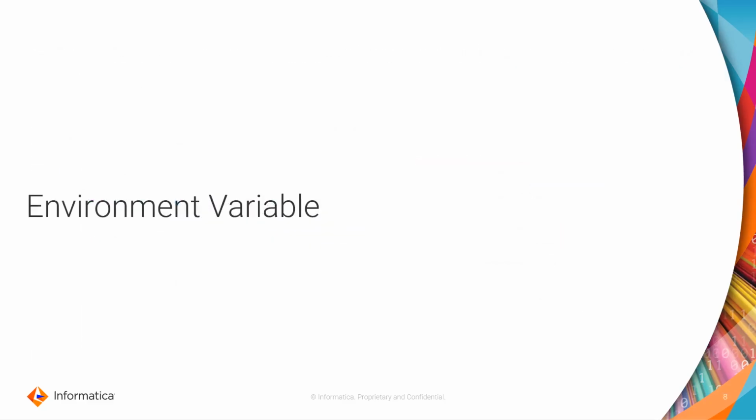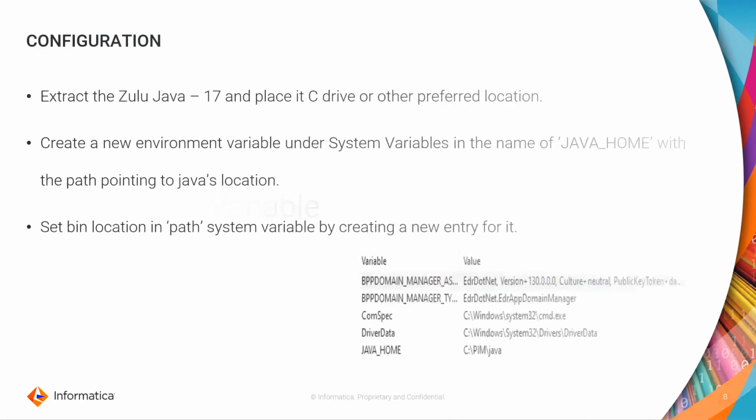Once SQL Server is done, the next part is to set the environment variable for Java, because P360 runs on Java. We'll configure this environment variable by extracting the Java 17 version and placing it in the C drive or other preferred locations.